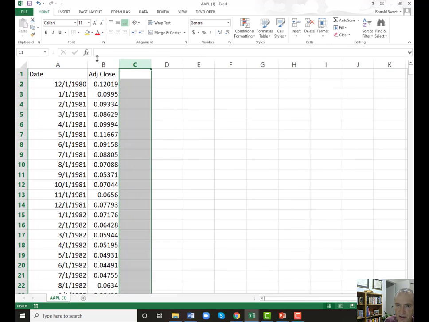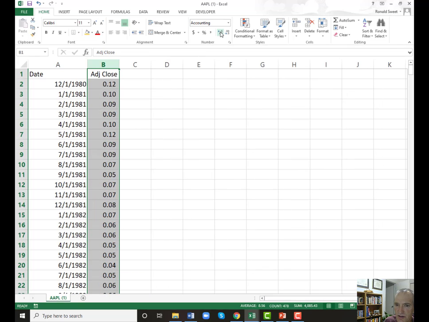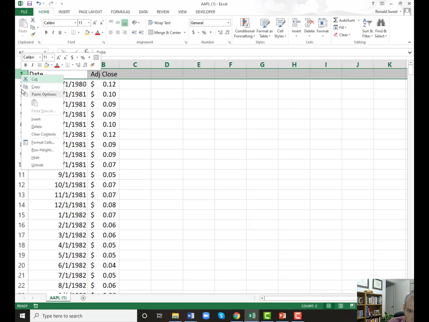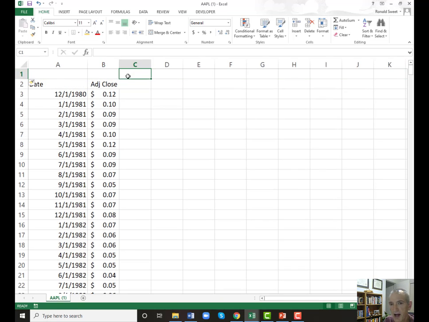So it's there. I'm going to adjust this to dollars and cents, and then I'm going to add a row. So if you want to try to copy this, I brought Apple's stock price in, the adjusted close on a monthly basis as far back as I could go. So I'm from 1980 through 2020, or through August of 2020.